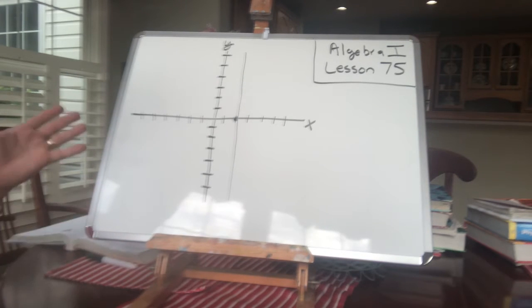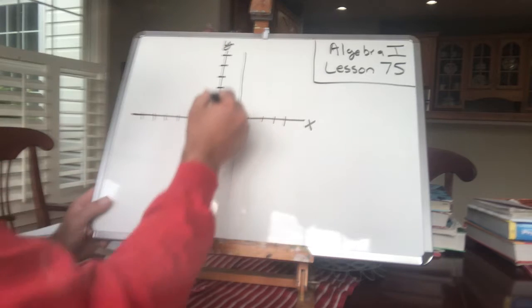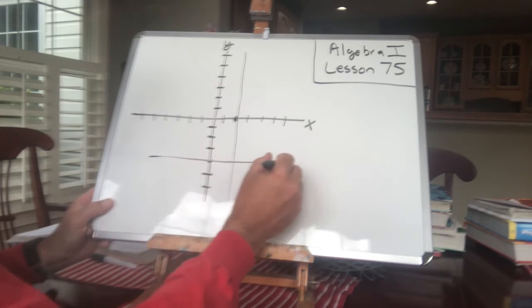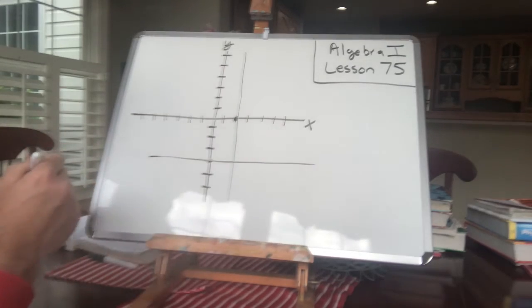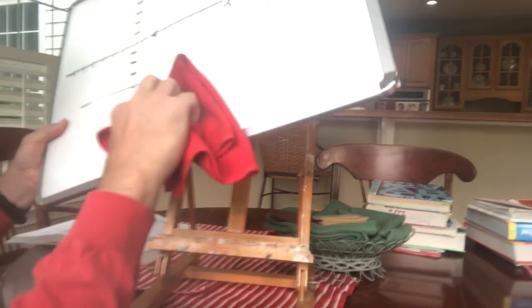If the equation said y equals -3, go to the y-axis down to -3, and this line, if you were to graph it, would be a horizontal line, okay? Very basic.